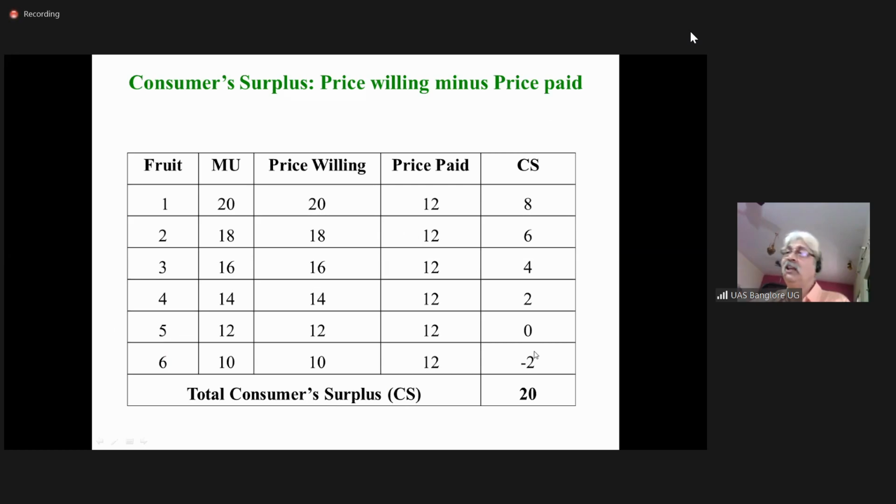If you consume the sixth one, but usually what happens is, this is shown for academic purpose. You won't cross this. That's why it is shown as consumer surplus, because usually people won't cross this. But if you take the total and consider this also, it is 18, not 20.